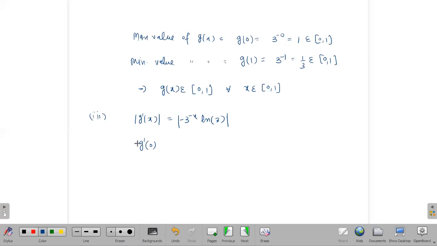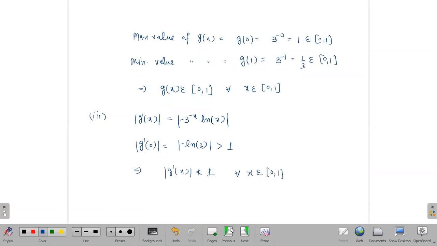So let us check g dash at 0. It is 1 times ln of 3, and this value is greater than 1 actually. We want strictly less than 1, not even equal to 1. So it means mod g dash x is not strictly less than 1 for all x belonging to [0, 1].